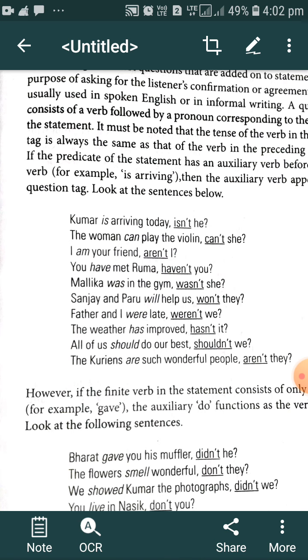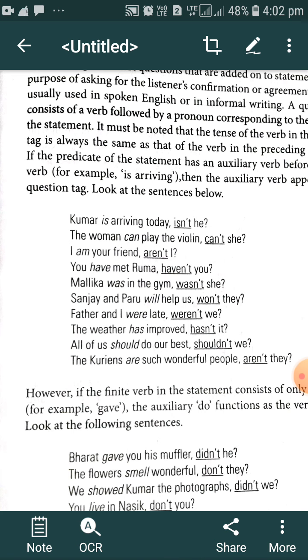If in a statement we have two separate subjects, and they are third person subjects, like Sanjay and Paru, then instead of using their names we have to use the third person plural pronoun, and that is they.